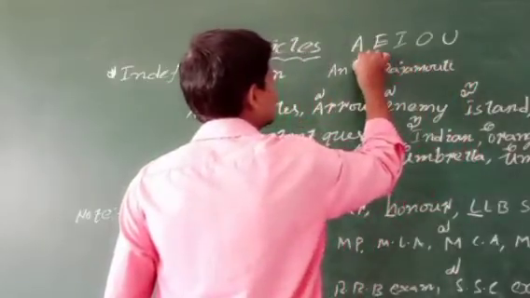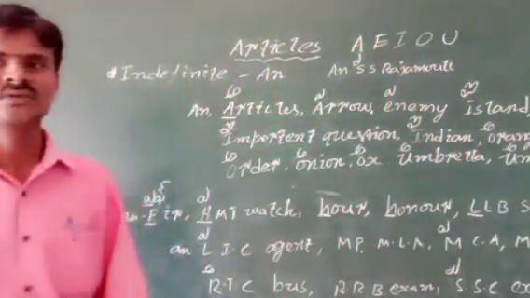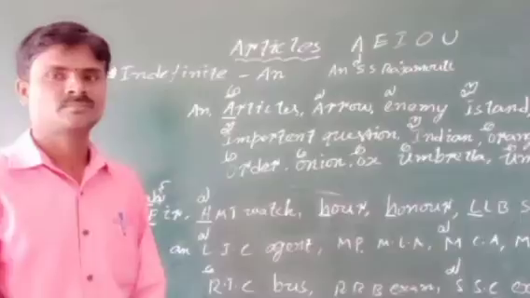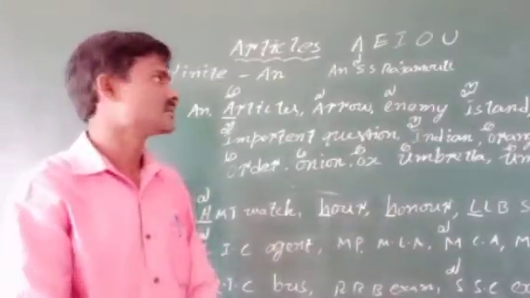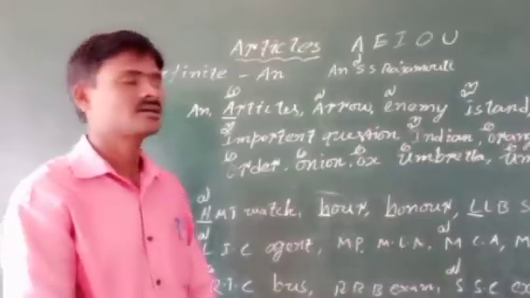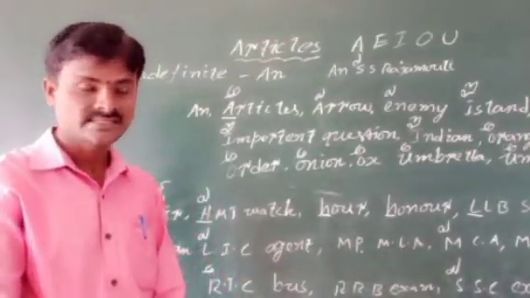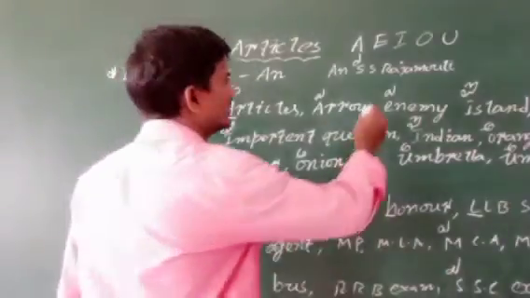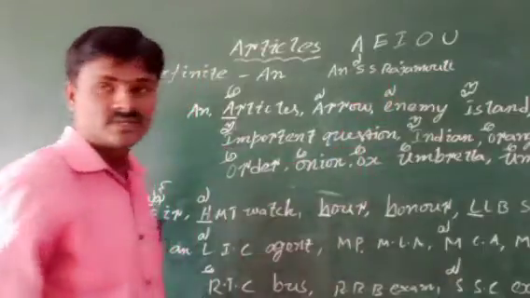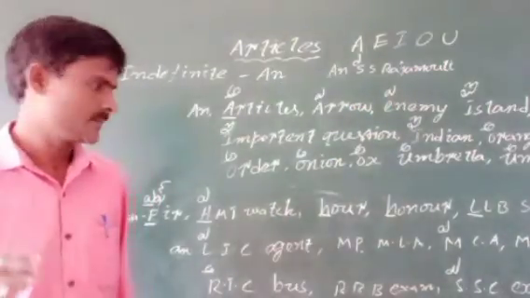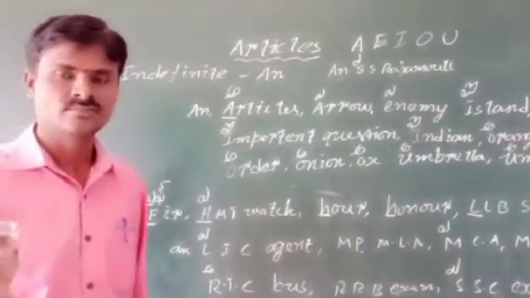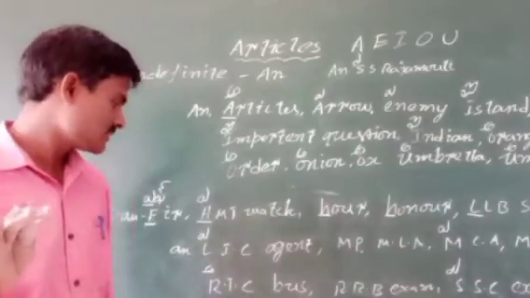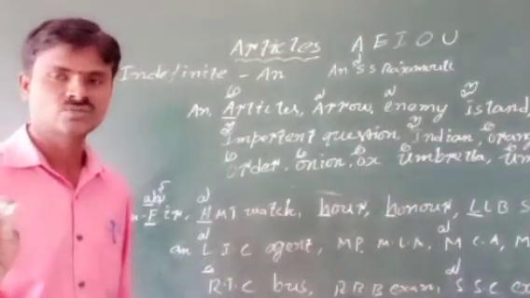This S has an A sound. That's why in every movie, after completing the movie, he keeps the stamp on the picture: An SS Rajamouli presents. An NSS, an SSC exam, an RRB exam. If there is no Rajamouli and it is an abbreviation, you have to use "the" SSC, the RRB if there is no exam, the RTC also.